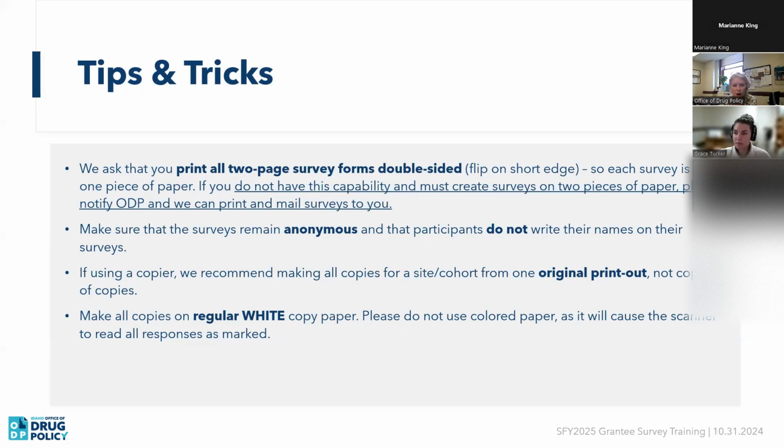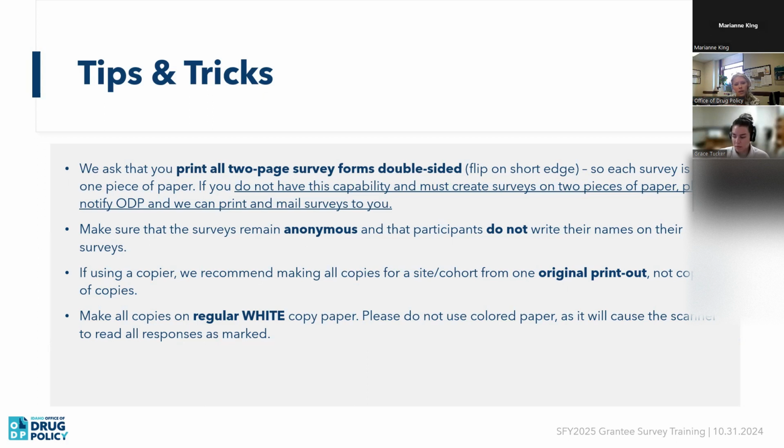If you're using a copier, so for some reason you have your paper-based survey and you print off one copy and then you just want to make copies from that one printed copy, you should make copies from the original printout. If you make copies of copies, the quality of the print and everything starts to get a little bit more challenging.